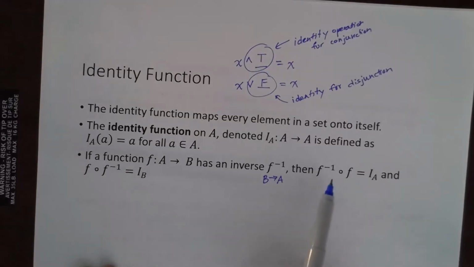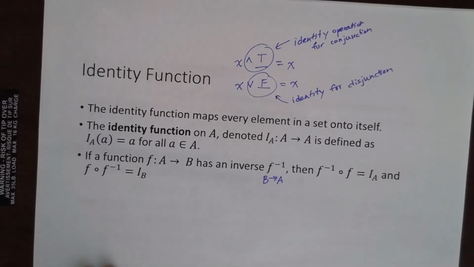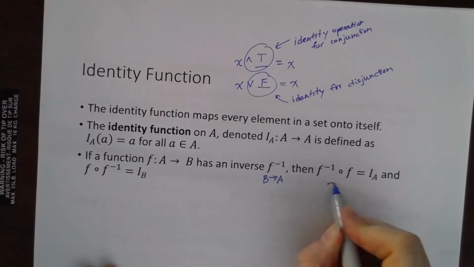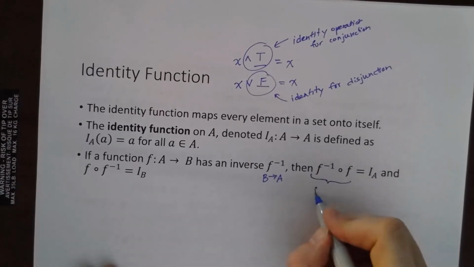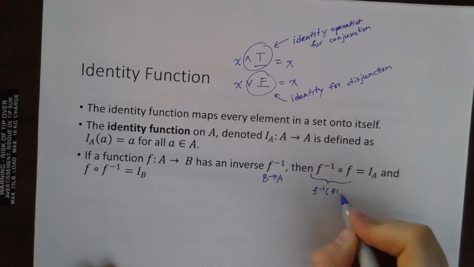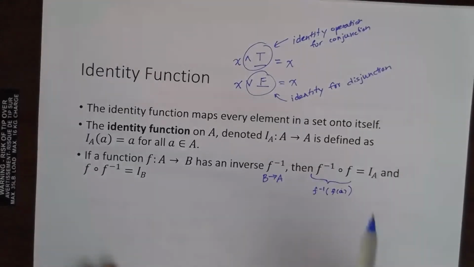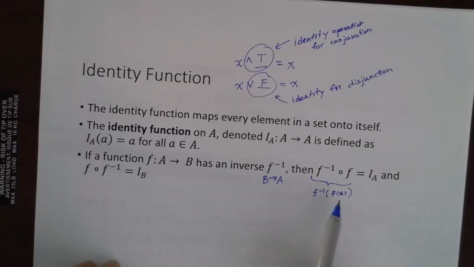So if I do a composition of functions, f inverse composed with f, I'm going to get the identity function on A. If I do it in the other order, f composed with f inverse, I'm going to get the identity on B. So let's think about what's happening here. Here, f is the thing that happens first, because I'm doing f inverse of f of, I'll just call this A. So the f function is on the inside.